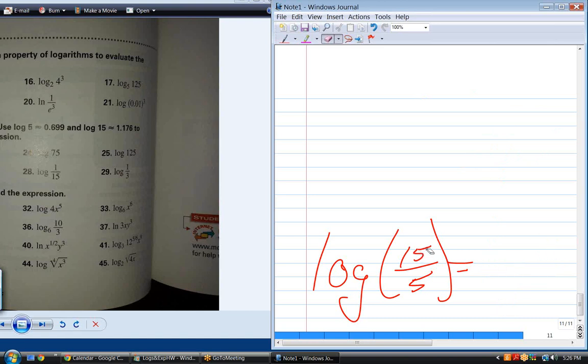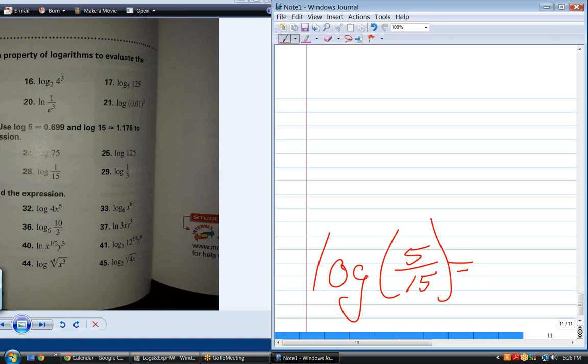but 1/3 is not 15 over 5. Let's just get it directly and let's make it 5 over 15. 5 over 15 is the same as 1/3. And now what does this become once I've broken it up into 5 over 15? Log 1/3.